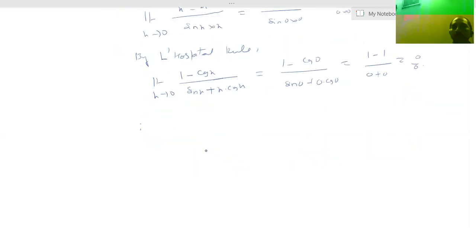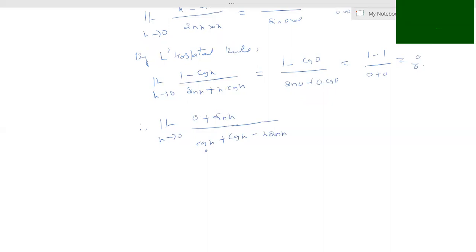Therefore, once again applying the L'Hospital rule, the numerator derivative of 1 minus cos x is sin x, and the denominator derivative is cos x plus cos x minus x into sin x, using derivative of first function into second function plus first function into derivative of second. Substituting the limit value, we get 0 plus sin 0 by cos 0 plus cos 0 minus 0 into sin 0.